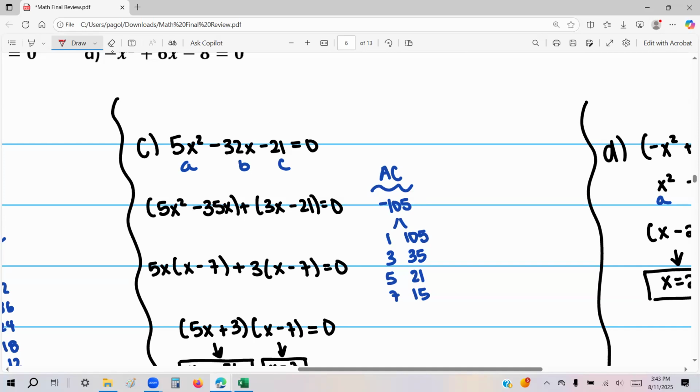For the inequality, you need to do one of the two. Either you need to use a number line to check, or you have to draw the graph of the parabola to show me which part is positive, which part is negative. So if you didn't do that, too bad.